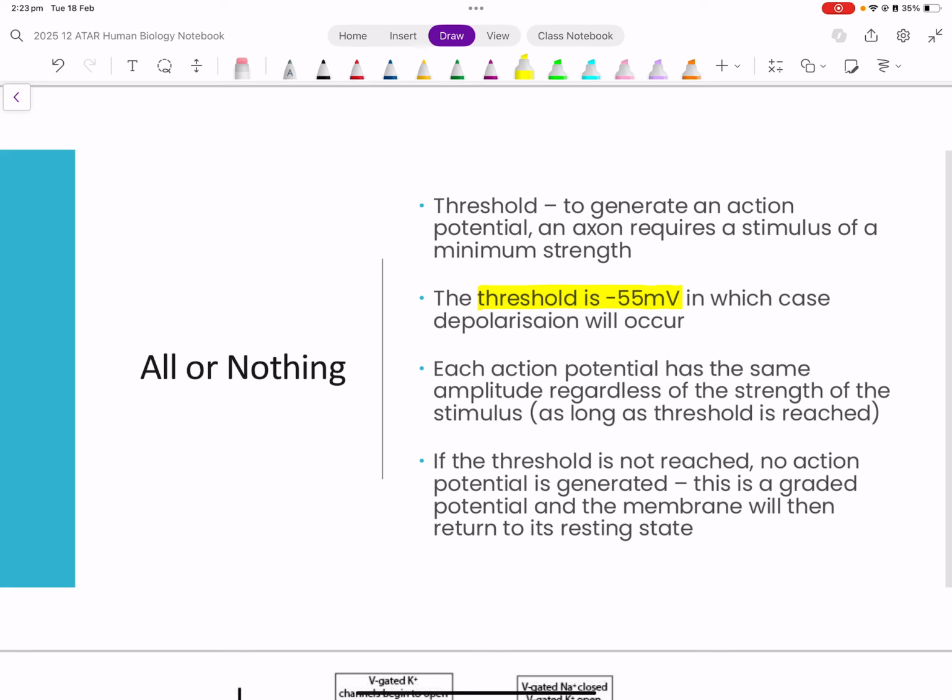If it does not reach negative 55, then no action potential is generated. This is what we call a graded potential. So the membrane is going to kick up a little bit, not reach negative 55, and then come back down to negative 70 until it can have a much larger response and reach that negative 55 millivolts. So the threshold is what we need in order to generate an action potential.